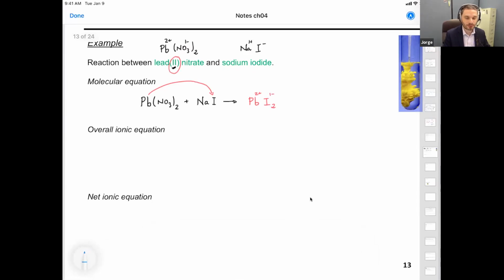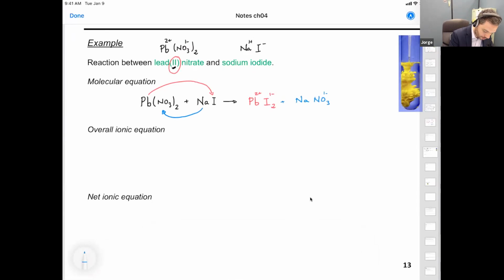Because it's a double displacement, the positive part from the second salt is going to attract the negative part from the first salt. And as a result, that's going to form NaNO3.